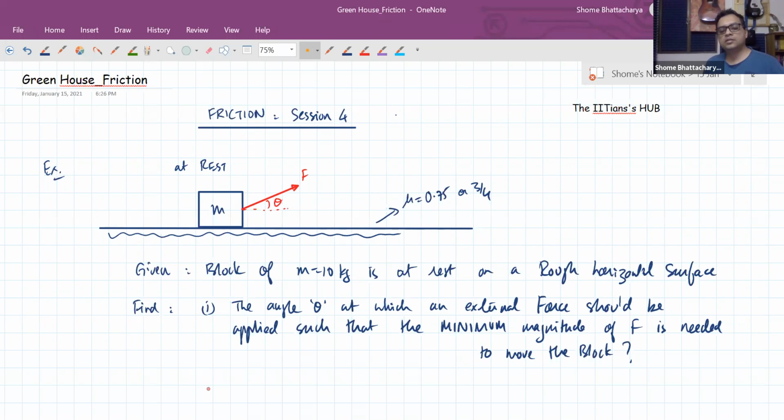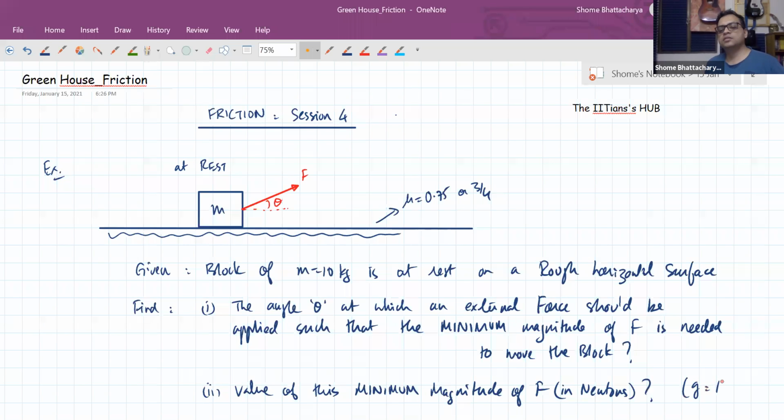And secondly, we want to find the value of this minimum magnitude of force in newtons. Take g as 10 meters per second square for that.